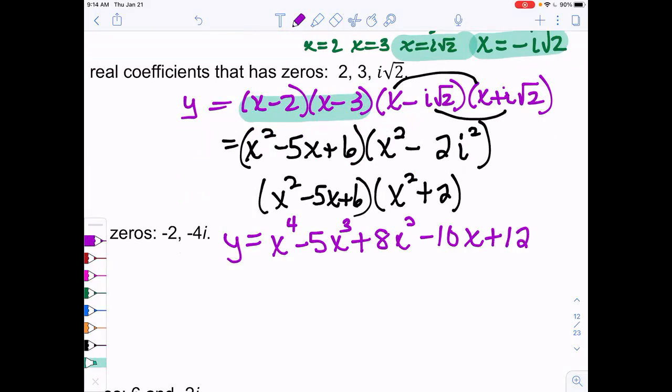Yeah. So you're distributing the x squared, and then you're distributing the 2 to all your terms. Combine all your like terms, your powers together, and you end up with x to the 4th minus 5x cubed plus 8x squared minus 10x and then plus 12.